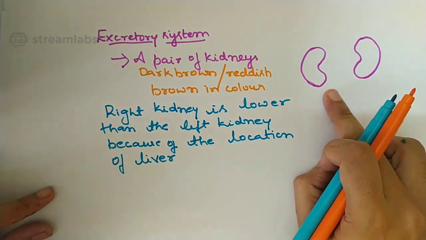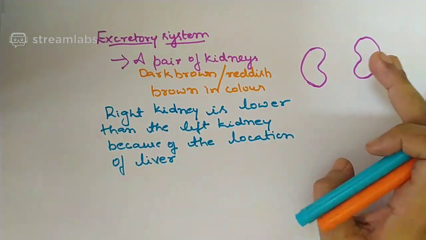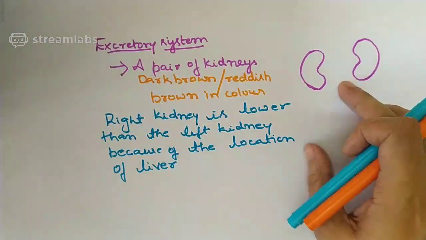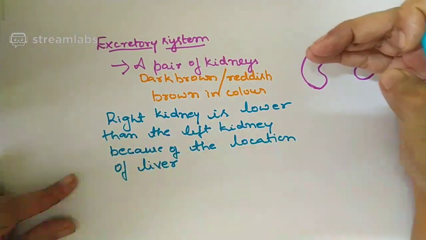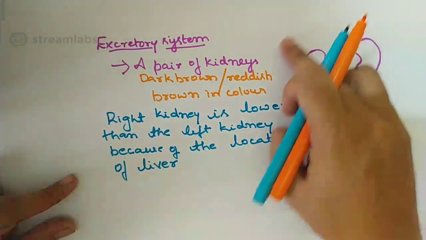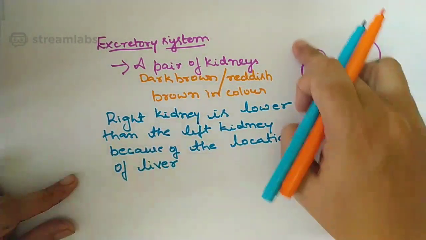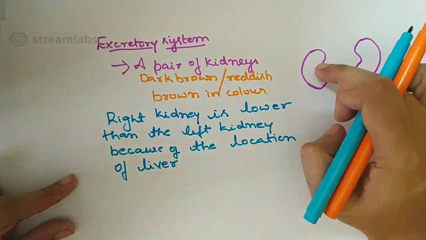So when you draw a pair of kidneys, one is higher in level; it represents the position that has come down because of the presence of the liver, the largest organ of our body. Liver is present above which kidney? Right kidney.